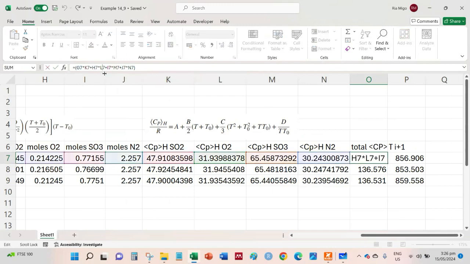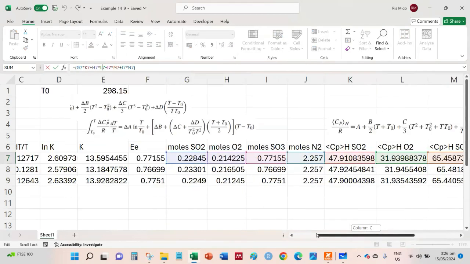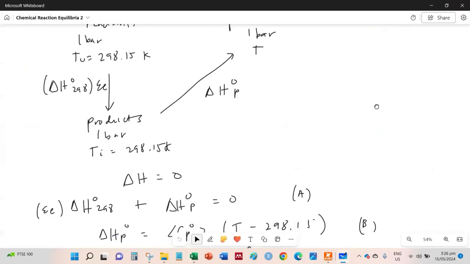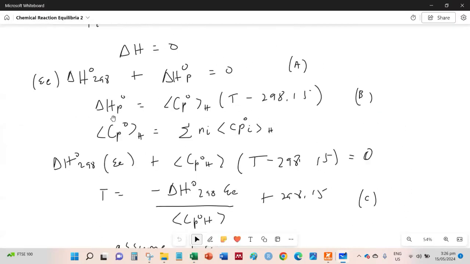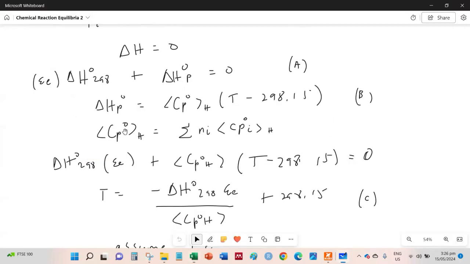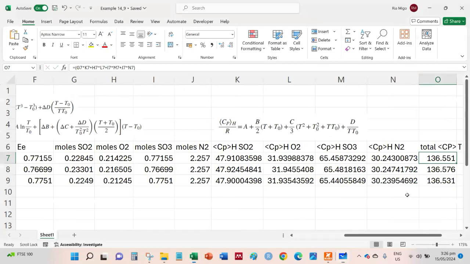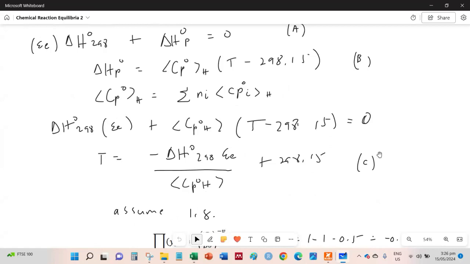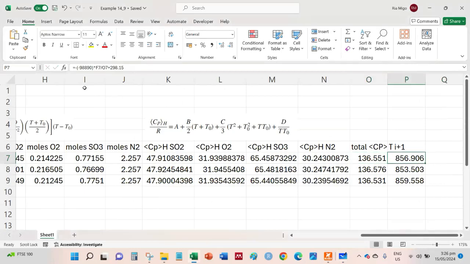And how do you do that? You multiply the number of moles with the CP. So this equation right here. You multiply the number of moles with the CP to get the total CPH. And then from there, you use equation C, okay, this one, equation C, to get a new temperature.